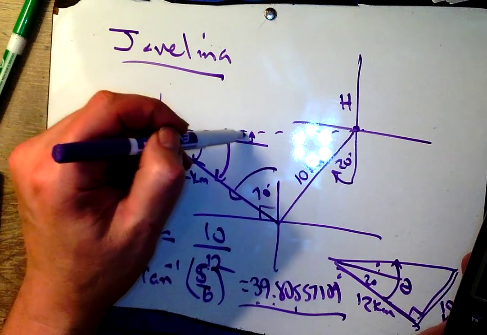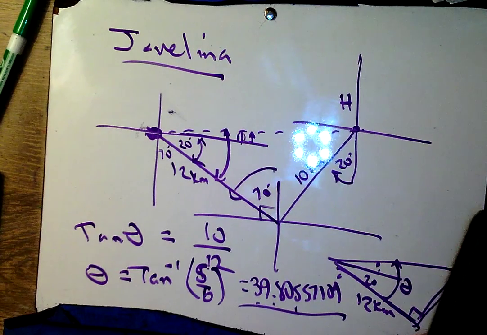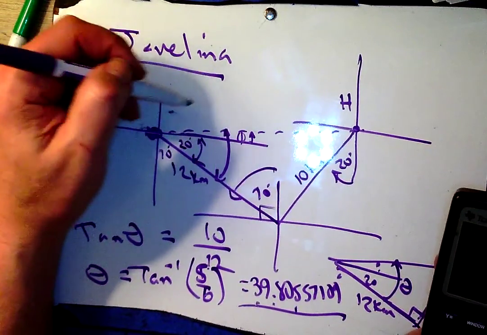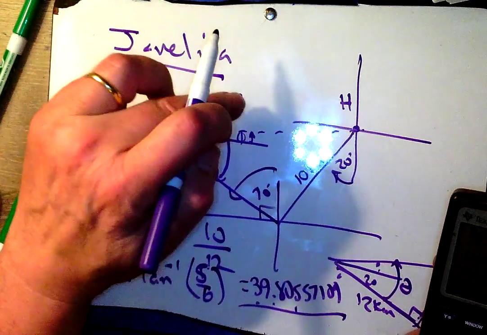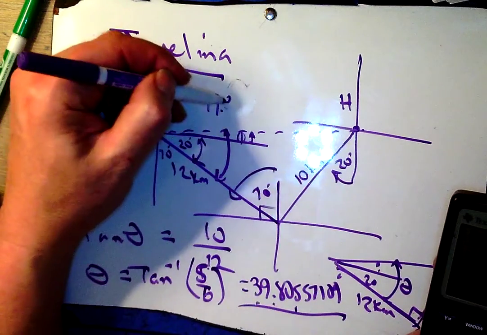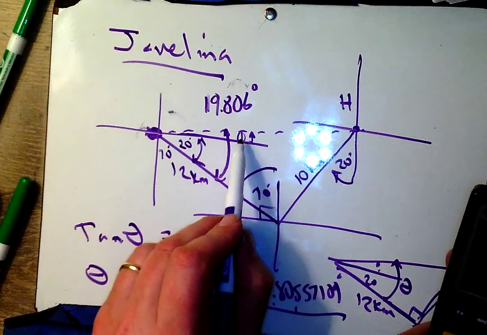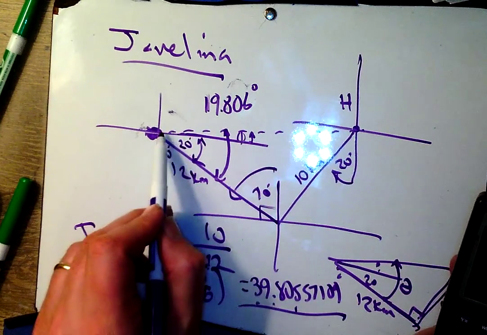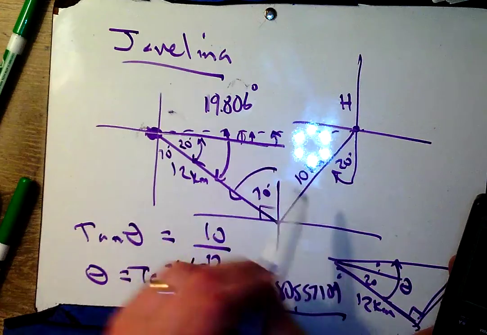So how big is my bearing angle? Well, that number minus 20 gives me 19.806 degrees. Now be careful, because this is that 19-degree angle, and so for this angle we actually have to go east and then north.